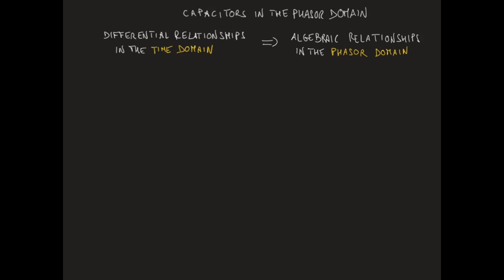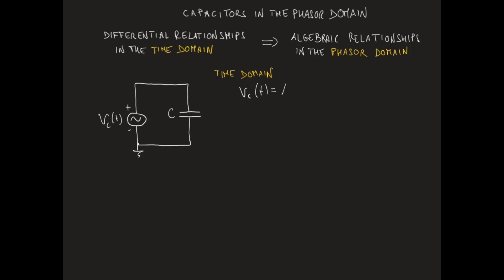So let us now consider a circuit consisting of a signal source generating a sinusoidal signal, Vc of t, connected to a capacitor featuring a capacitance C. Suppose Vc of t is equal to A cosine of omega t plus phi.